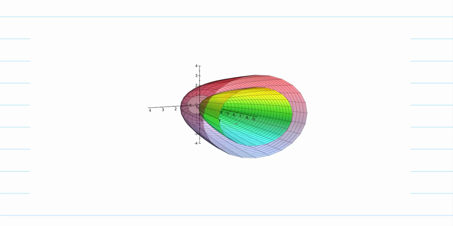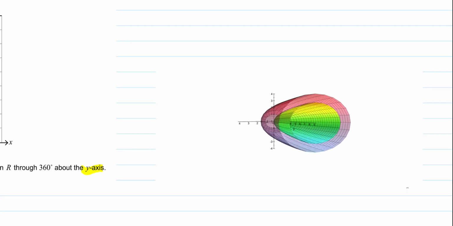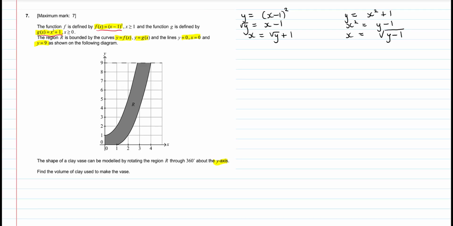So you could imagine just filling in the space between those shapes with clay, and that would be our solid formed. So we'll go back to our problem and continue to solve it.